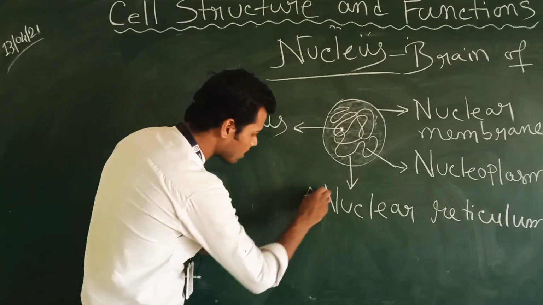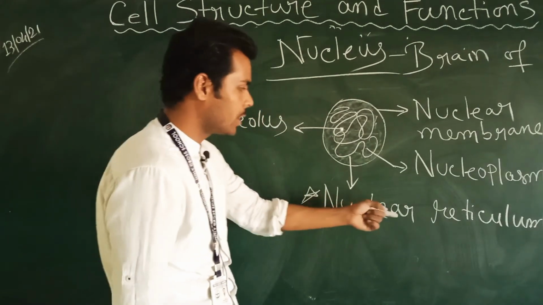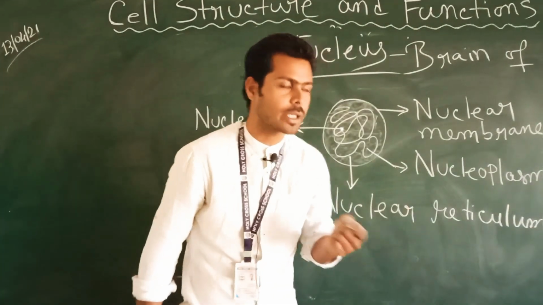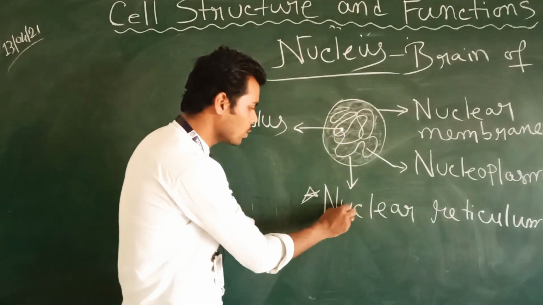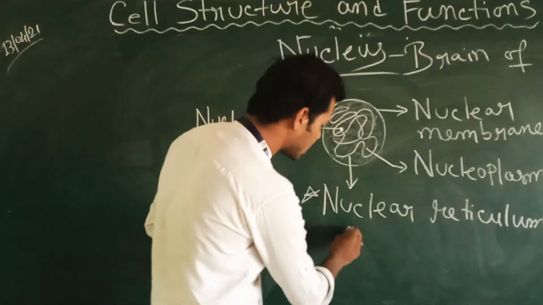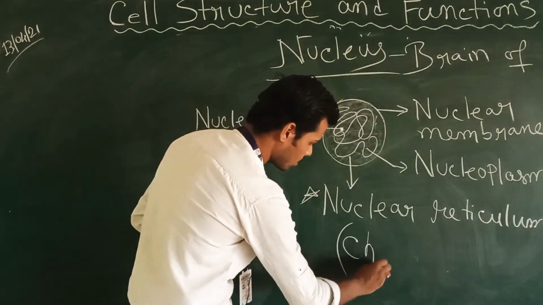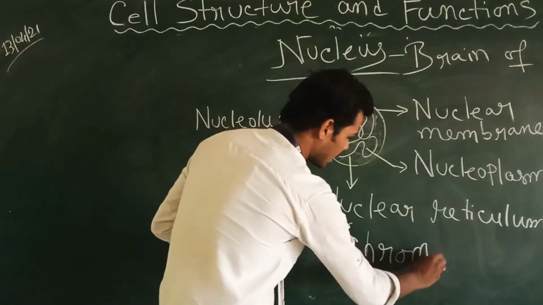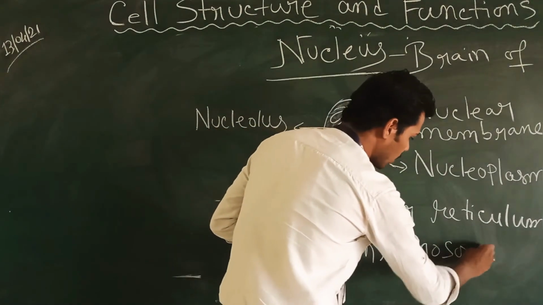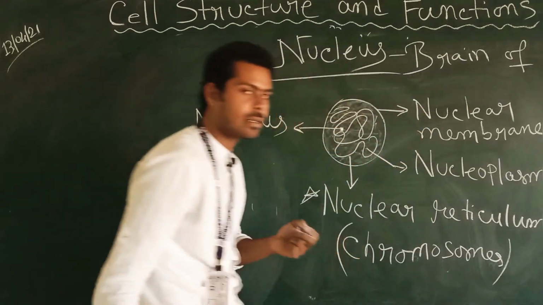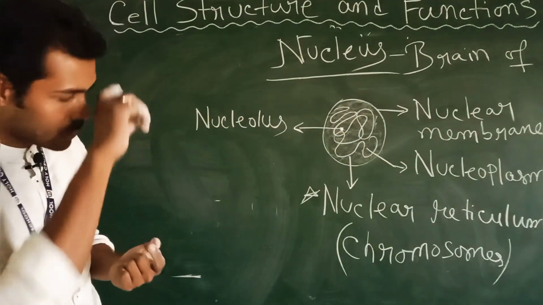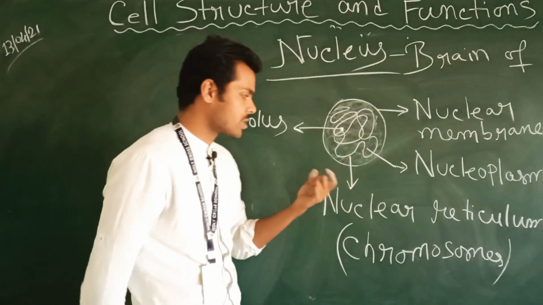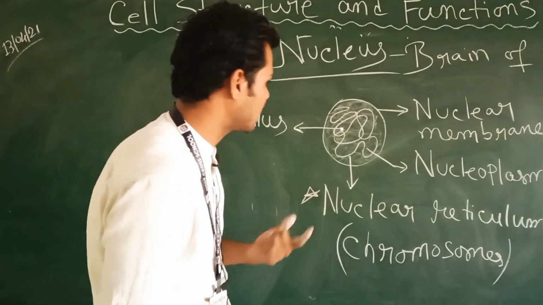Among them, the nuclear reticulum is one of the most important components, because this nuclear reticulum is nothing but the chromosome. In higher classes, I will be teaching you the detailed structure of chromosomes, how they look.